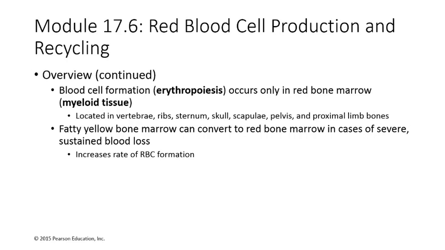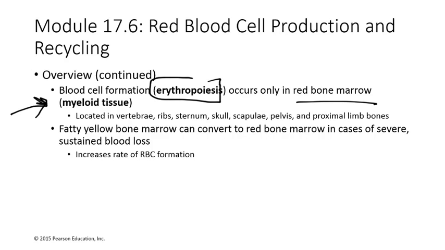So again, as a review, we have erythropoiesis, the making of red blood cells, happening in the red bone marrow. Remember, red blood cells are coming from the myeloid side of the hemocytoblast. And where are you actively making blood as an adult? Where do you still have red bone marrow?